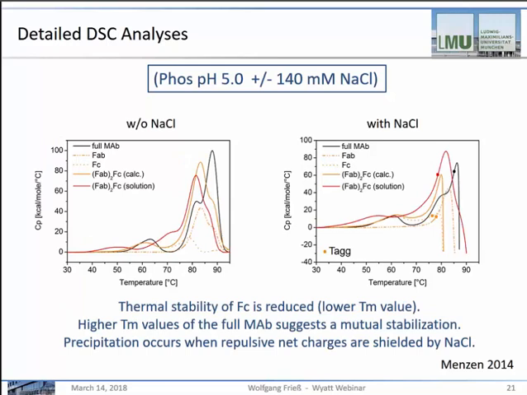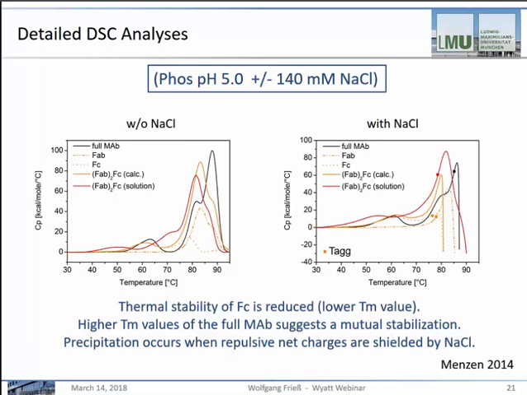Now let's have a look at the same behavior and the molecule at pH 5. So left-hand side without sodium chloride. And we see, and we know, that the transitions are shifted to lower temperatures. At the same time, at pH 5, what we also see for the other molecules is that at lower pH the repulsive interactions are more pronounced.